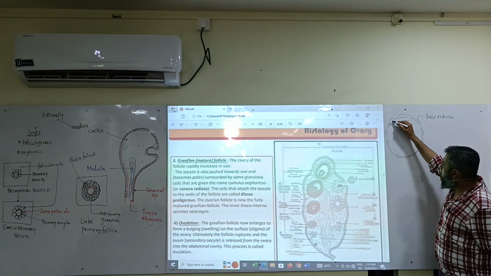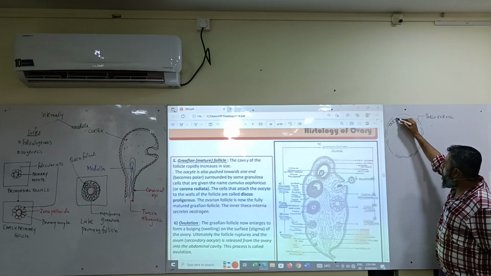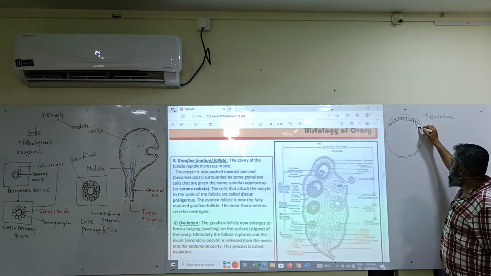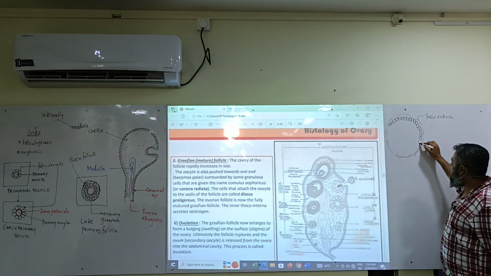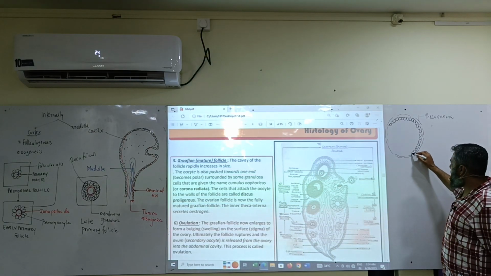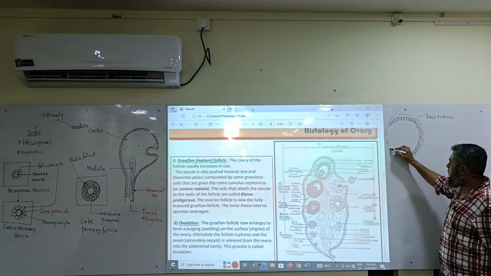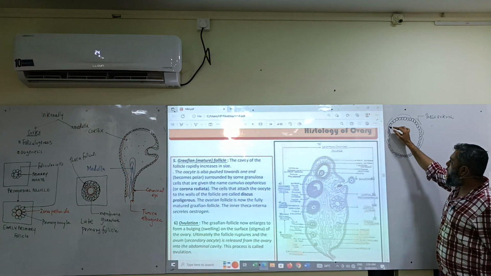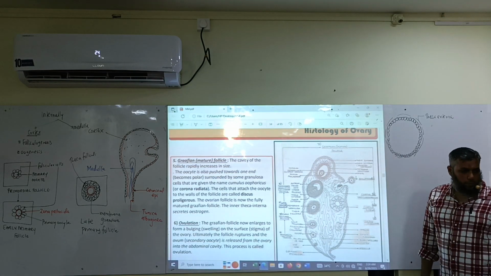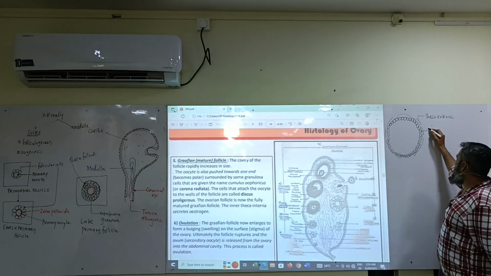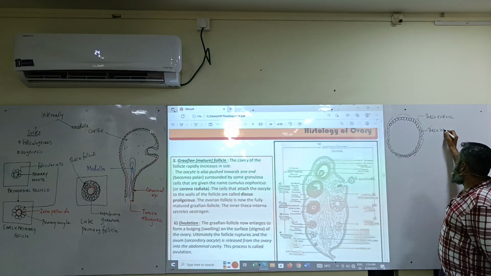they form a layer of cells, the cortex cells. They form a layer beneath the what? Theca externa, and that layer is called the what?